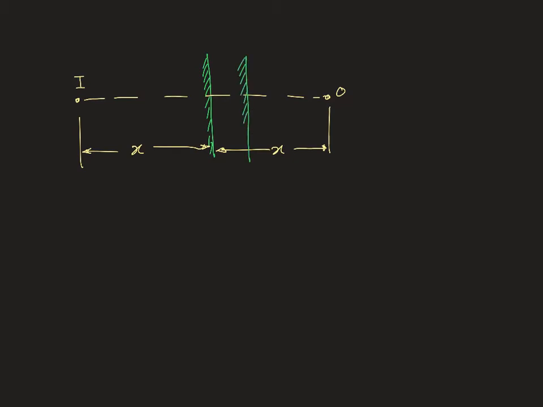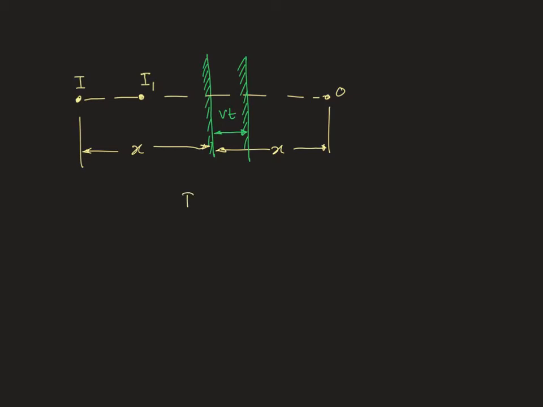So this is vt, right? Vt. Now the image has moved to here, say I1.